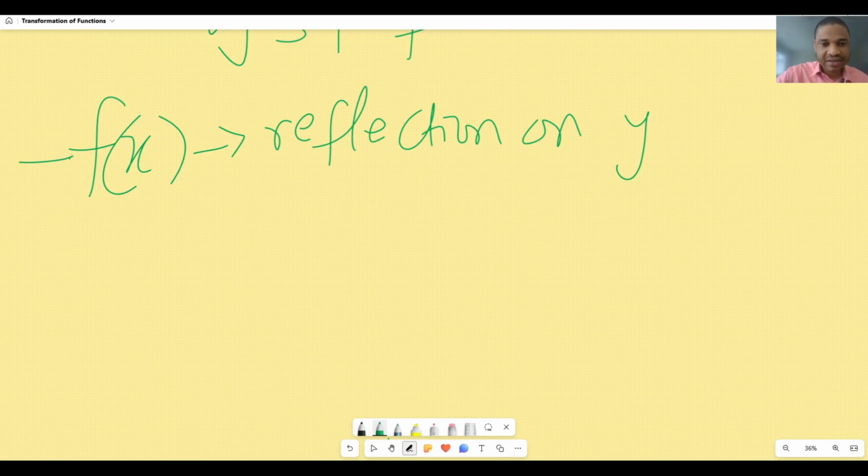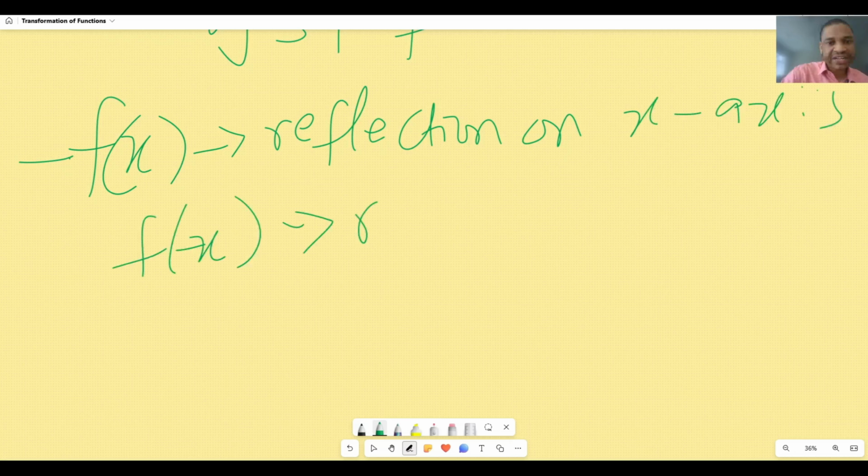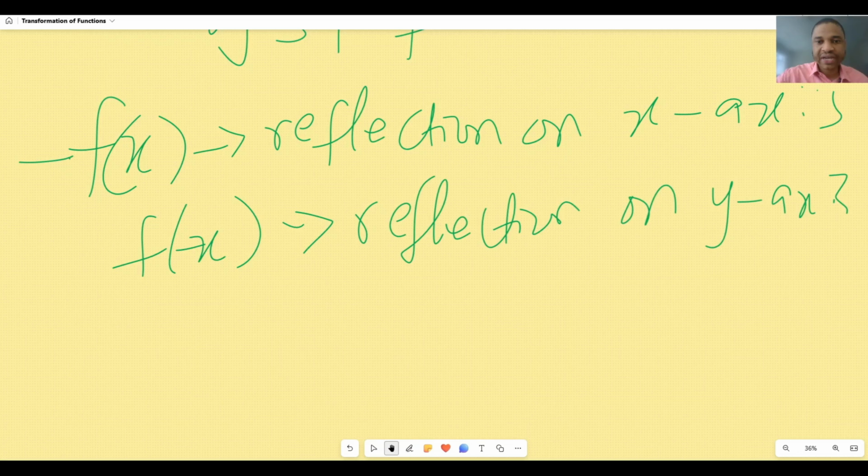So it's opposite. So the minus affects the y, and this is reflection on the x-axis. Then if I have f of minus x, this is reflection on the y-axis.